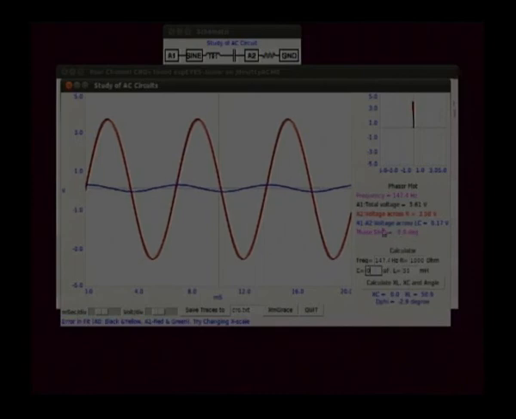So, this can be repeated with different values of inductors and capacitors, and you compare the theoretical value with the measured value. So, we have measured the phase shift using this device, and the calculator allowed us to calculate the theoretical values, and these two can be compared.